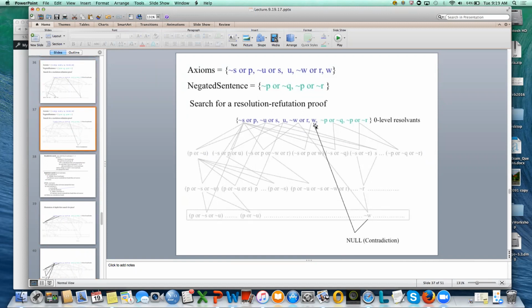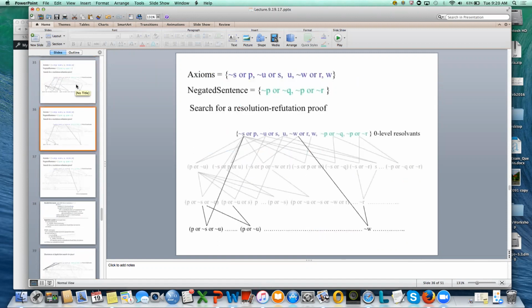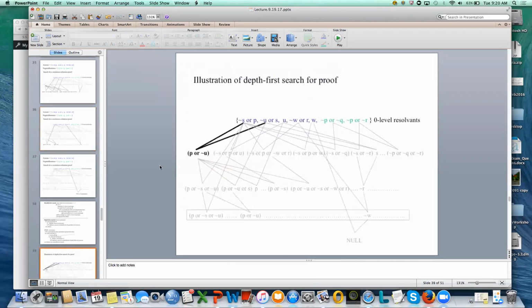This proof gives a path which is 1 step, 2 steps, 3 steps, 4 steps in length. This one is 1 step, 2 steps, 3 steps, 4 steps, 5 steps in length. So a breadth first search would find a shorter solution in this particular example.